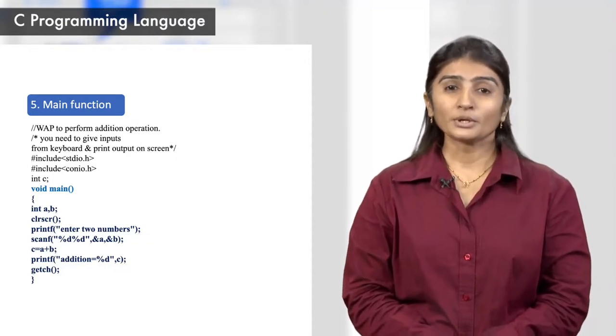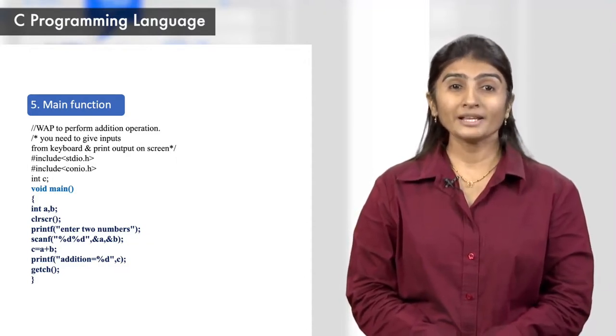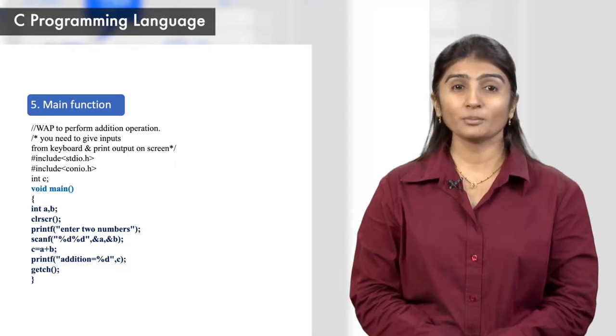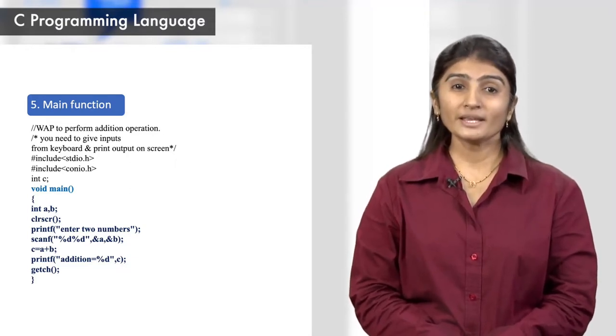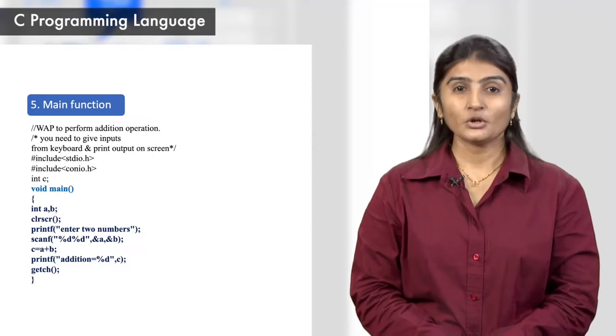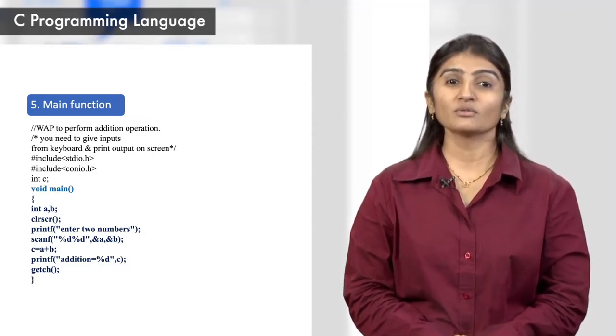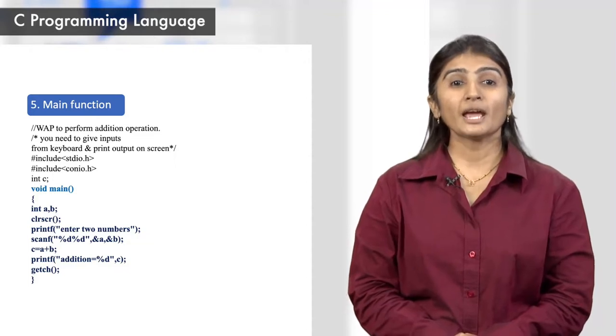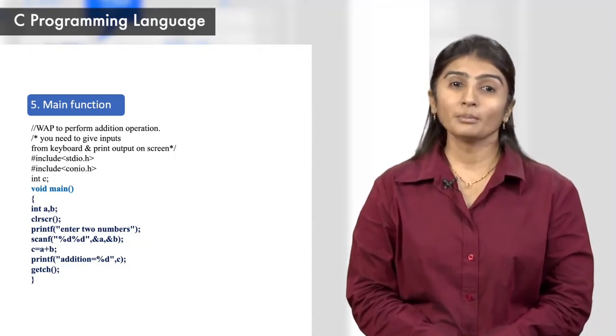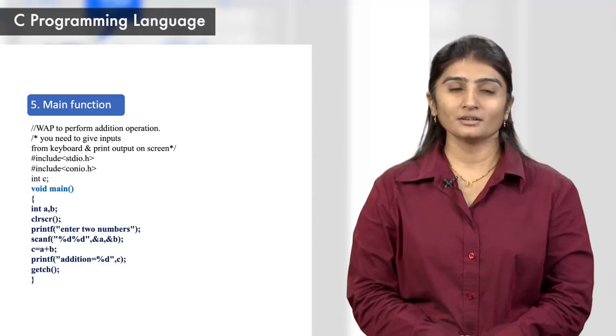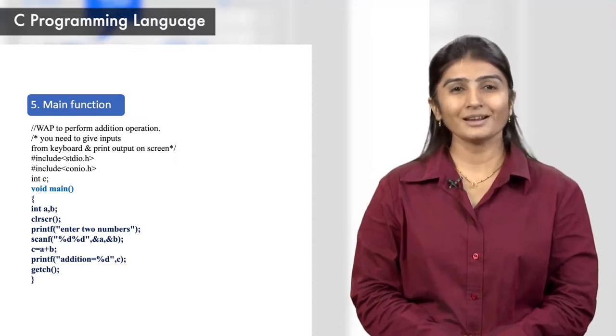Why? Because whenever the compiler starts compiling a program, it always starts from the main function. So whatever statements and functions we are using, we have to include or call inside the main function. We will learn that practically later on.